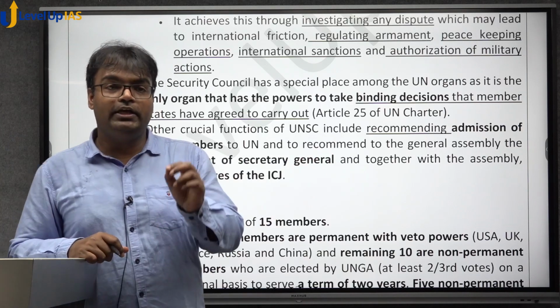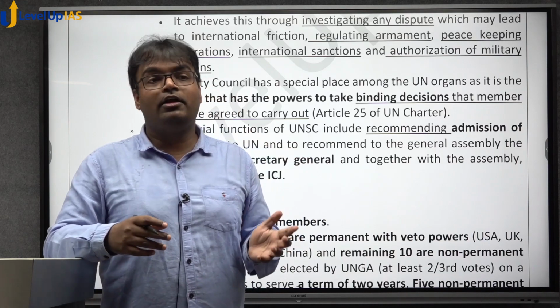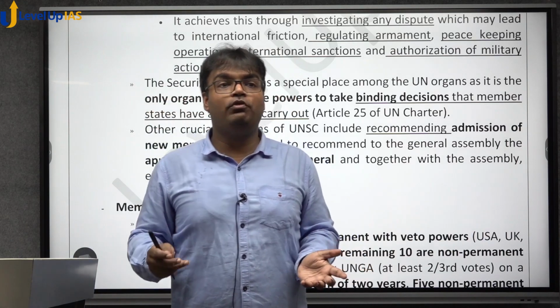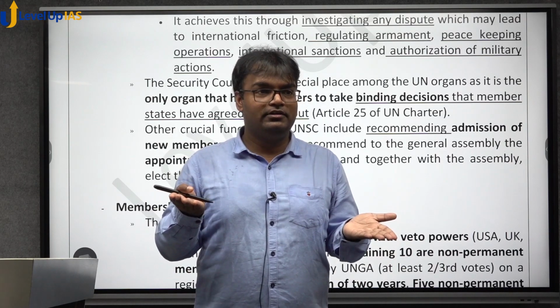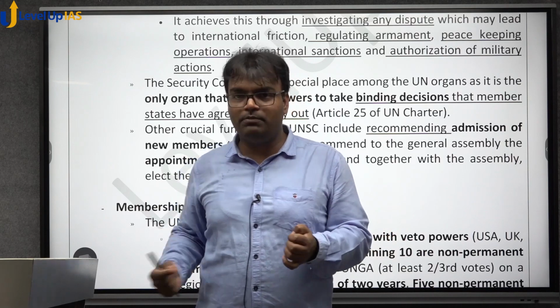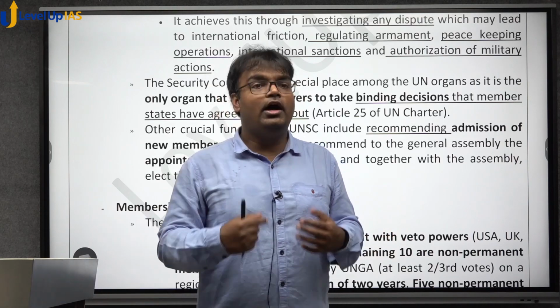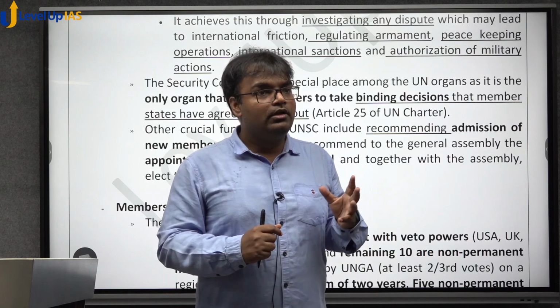We would see how the judges of the International Court of Justice are appointed. They are appointed with approval from both UNSC and the United Nations General Assembly. We'll come to the International Court of Justice also. It is another principal organ of the United Nations system.